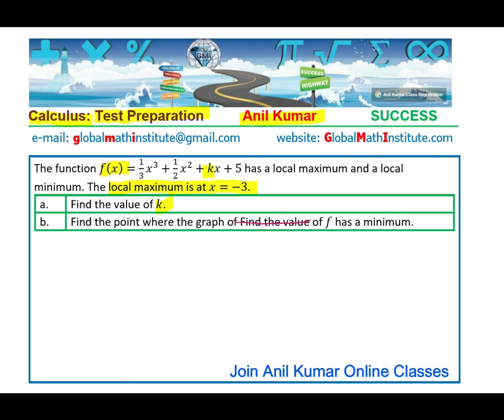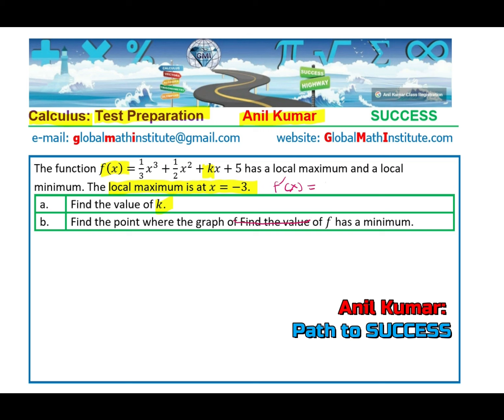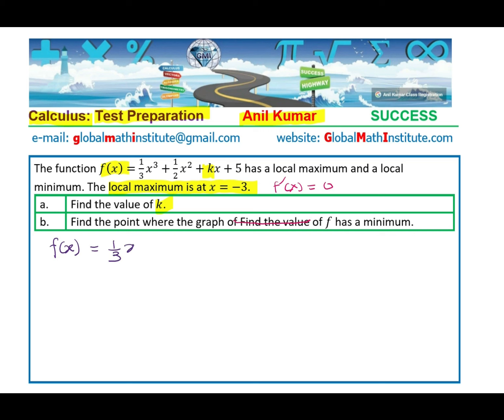Basic concept is that at maximum or at minimum, the derivative should be what? The derivative should be 0, right? So first thing is we need to find the derivative. Great. So let's begin with the function itself, which is f of x equals 1 by 3 x cubed plus half x squared plus kx plus 5.